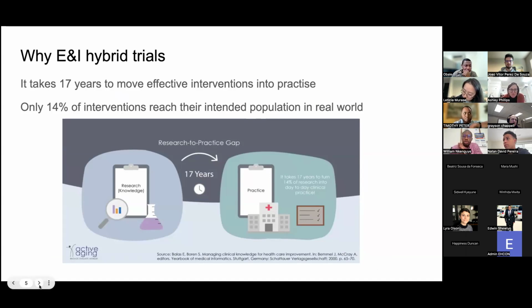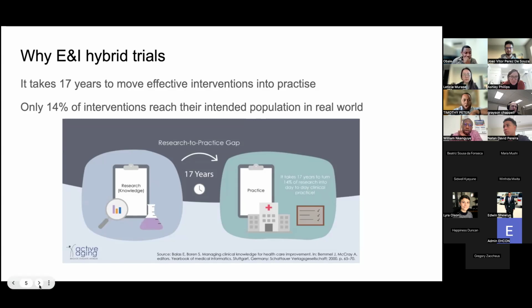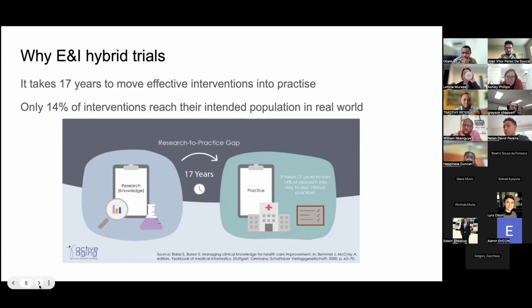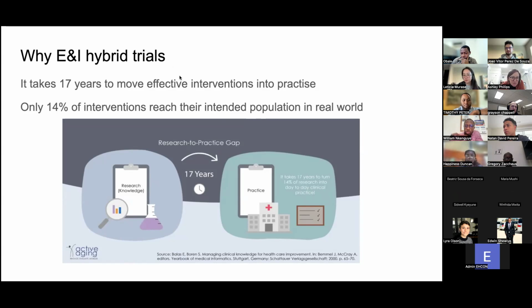One of the reasons I found in the literature is that it takes around 17 years to move effective, evidence-proven interventions from research to practice. This is a huge gap, and only 14% of interventions that have been proven reach their intended population.